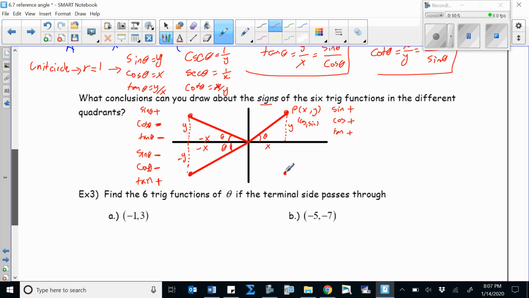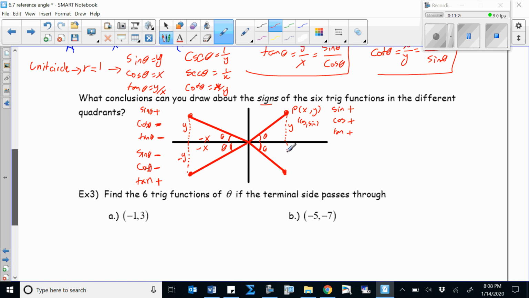In the fourth quarter, over here, again, the angle which is made with the terminal side and the x-axis. This is our angle theta.